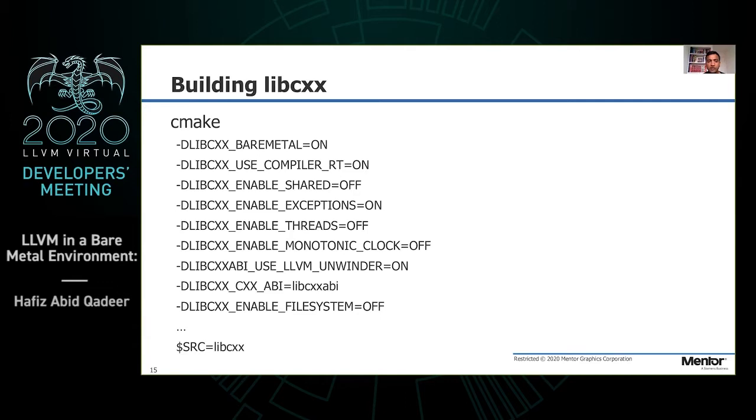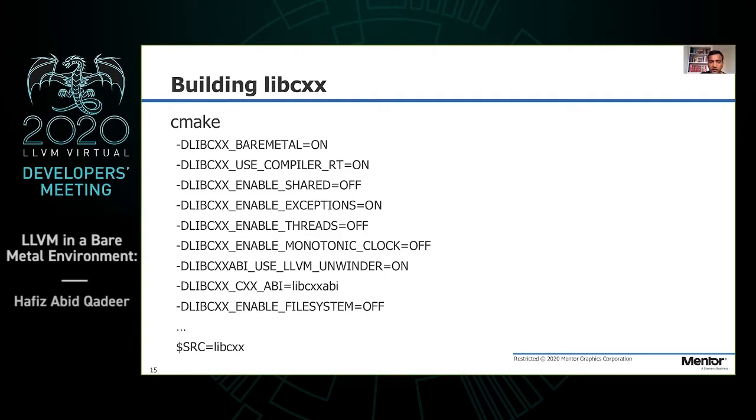And finally, we set ENABLE_FILESYSTEM to off because my system didn't have support for the file system on the target. And when we use this variable and the common variables as I showed in an earlier slide, then we should be able to build all these libraries.